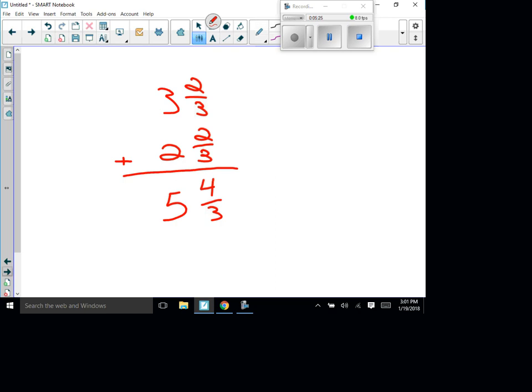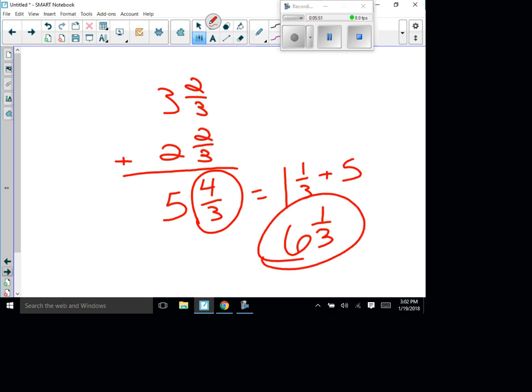That is not the correct answer, because if you look at this fraction right here, it's an improper fraction, meaning there's too much there. So 4/3 would equal, if 3 goes into 4 one time, and then you have 1/3 left over. So now we have to add that to 5. So 5 plus 1 is 6, and then there's 1/3 left over.